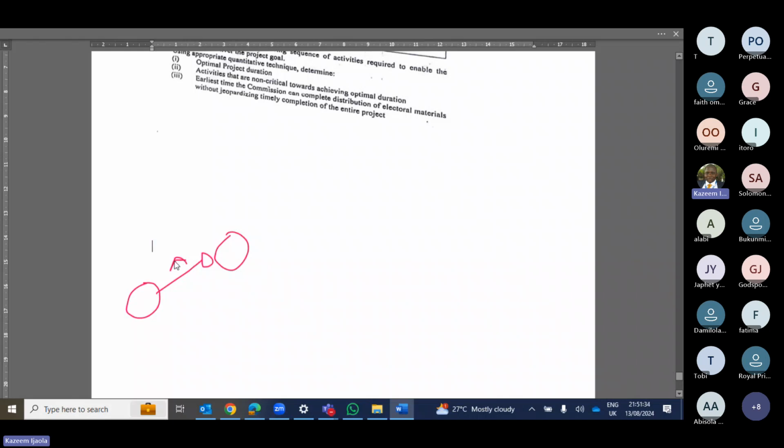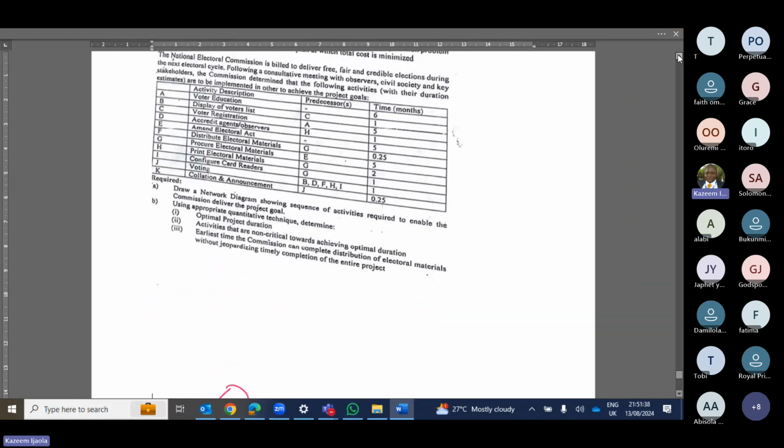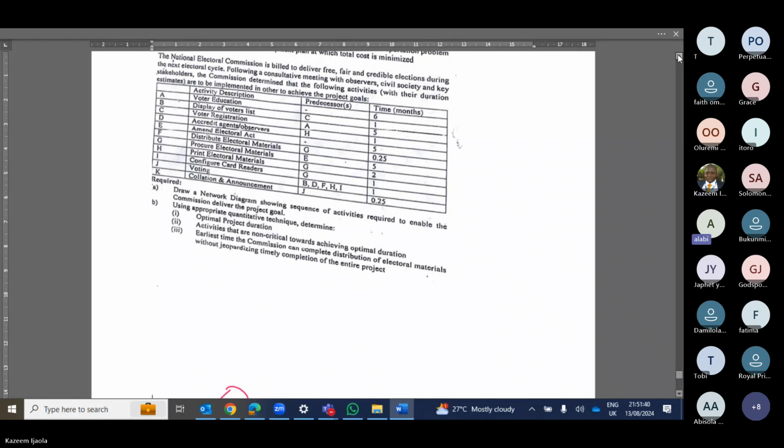This is A. Then activity C. Wait, activity A is from the origin.